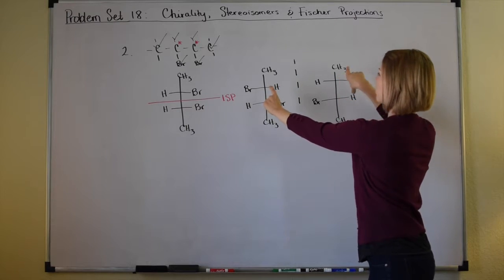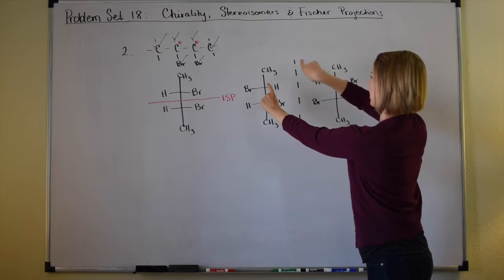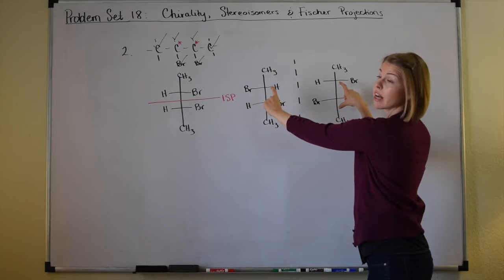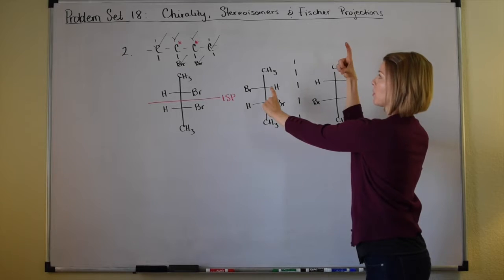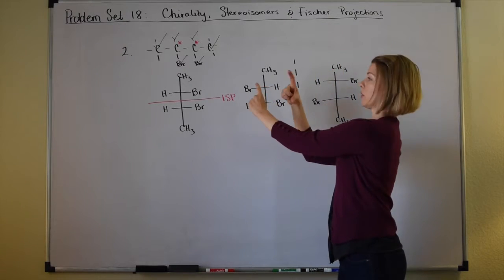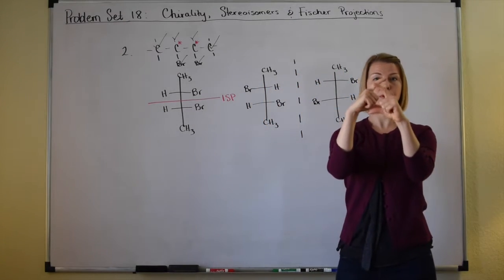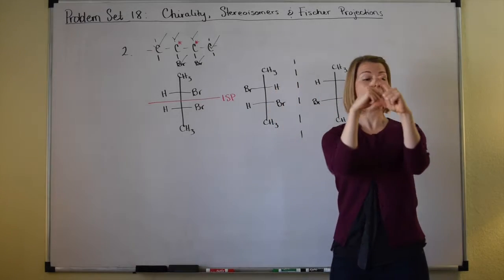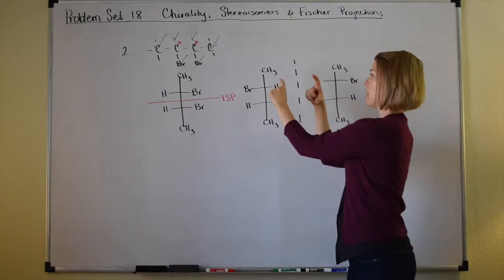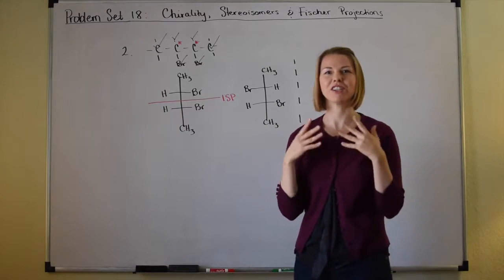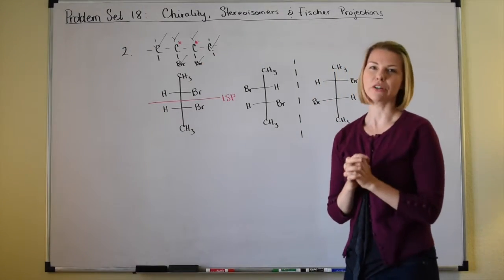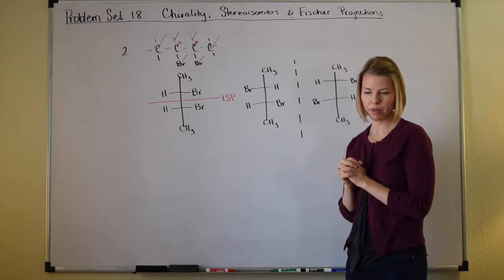Remember that if you flip one of these to get the bromines on the correct side, you're taking it out of Fischer projection, and now your C-shaped backbone is going to be facing toward you, and those C-shaped backbones are not going to line up. Okay, so that is not going to make them superimposable. They are still non-superimposable mirror image forms.